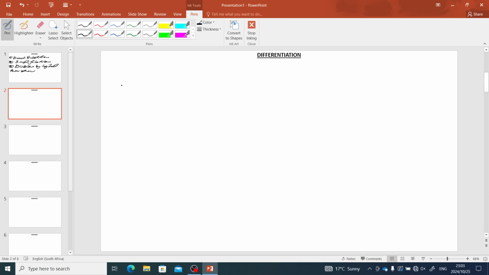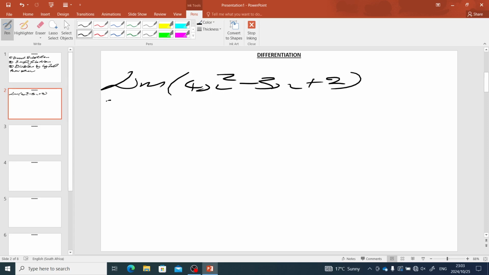Let's say we are given the limit of 4x squared minus 3x plus 2 as x approaches 1. Now, the first method that we'll be looking at to evaluate the limits if they exist is the direct method.